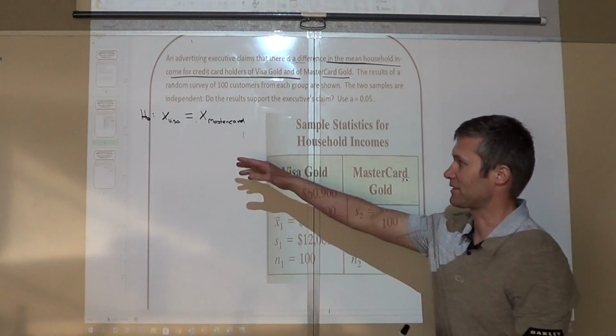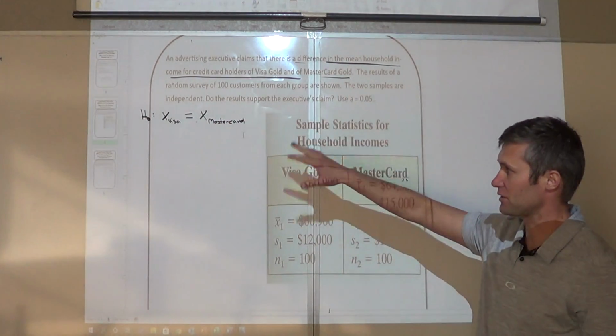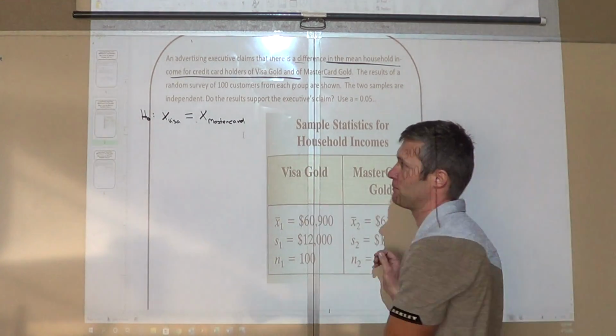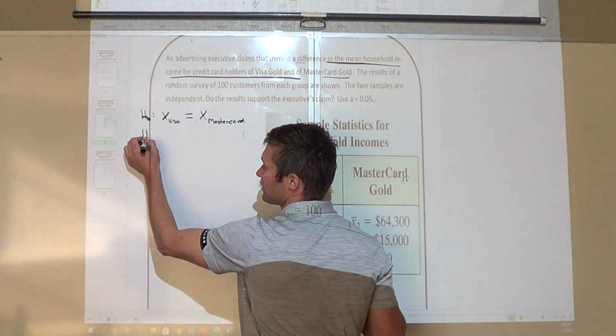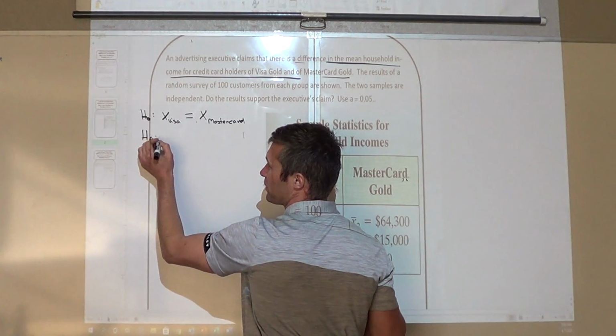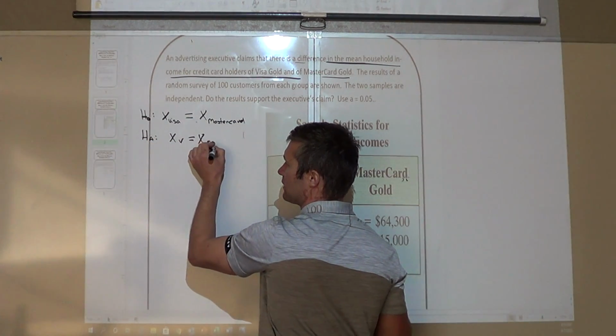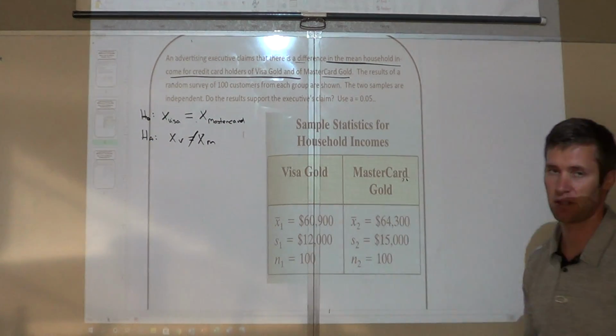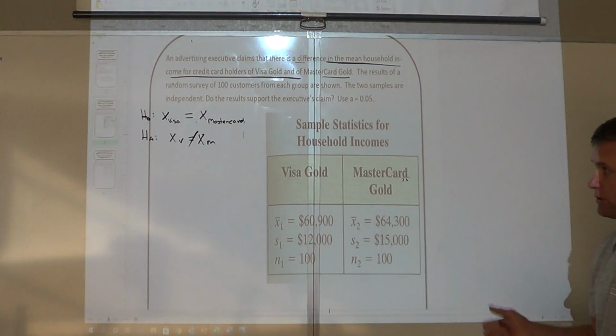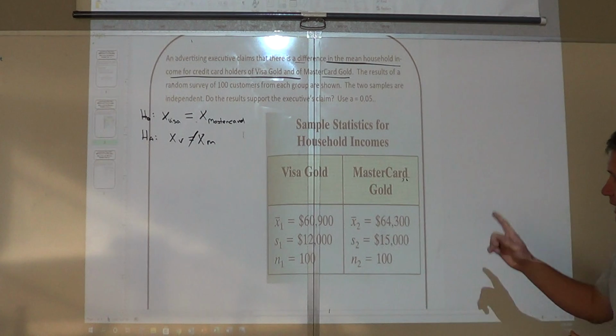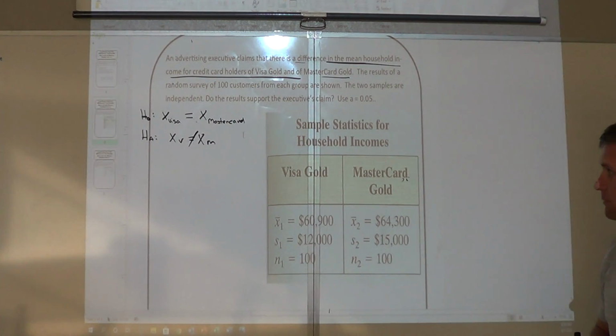Instead of Visa and MasterCard, you could just put a V and an M, or you could put 1 and 2. It doesn't matter how you write it. The alternative says they're not equal. So we set up our null and alternative hypothesis.